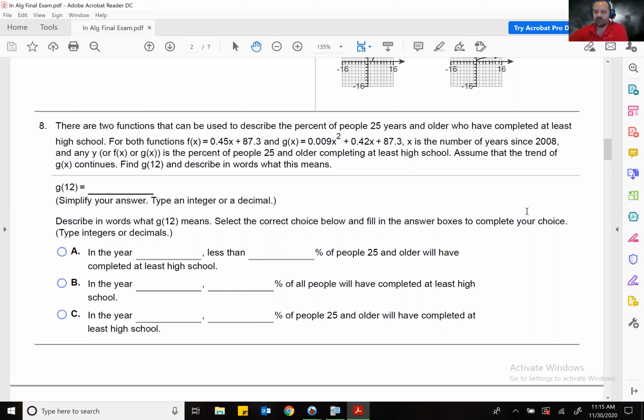And we've got g of x, which is equal to 0.009 x squared plus 0.42x plus 87.3. It says x is the number of years since 2008. So that's important to know.